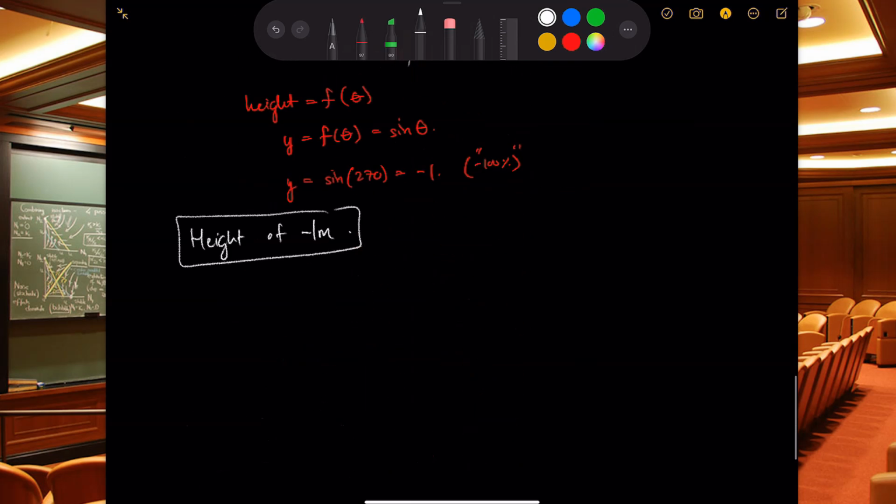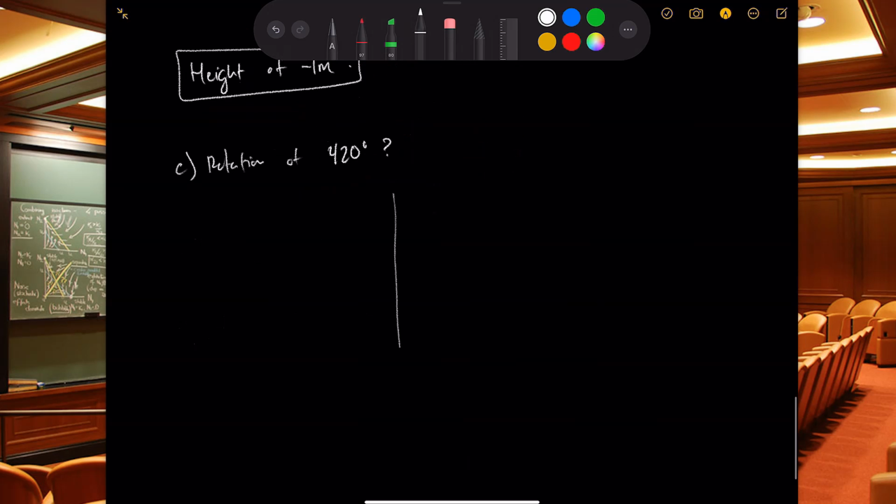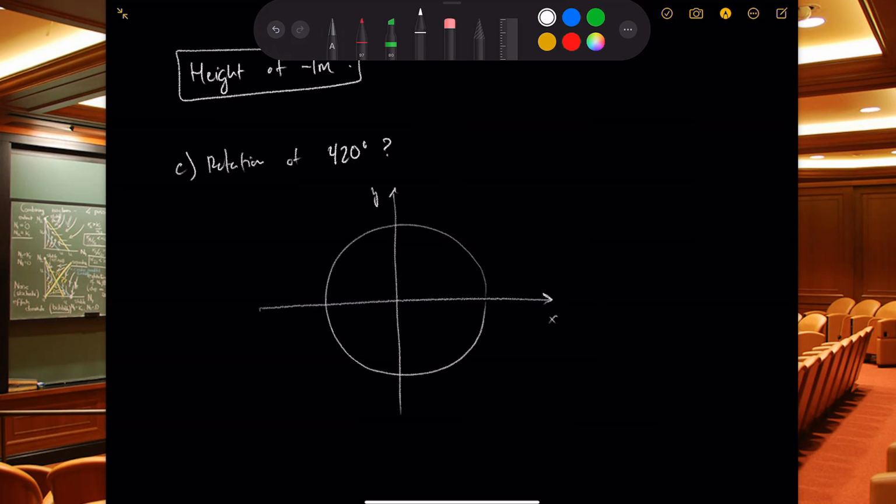So lastly was, how about a rotation of 420 degrees? So again, let's draw ourselves a Ferris wheel. Luckily I have an undo. So 420 degrees.